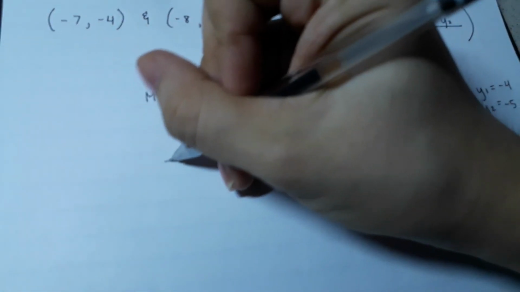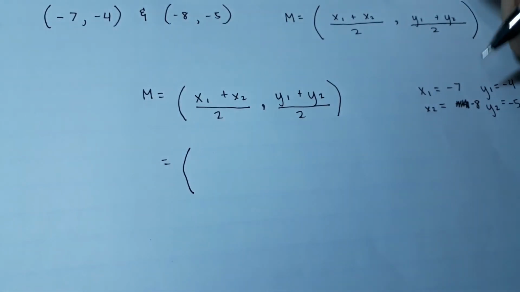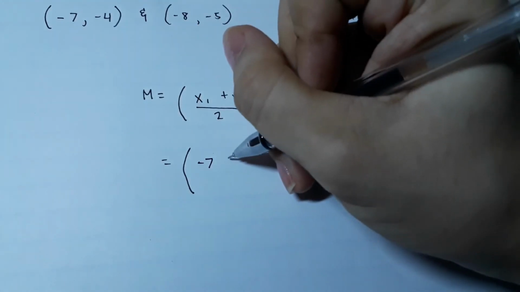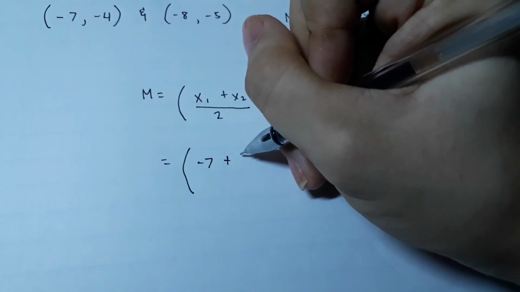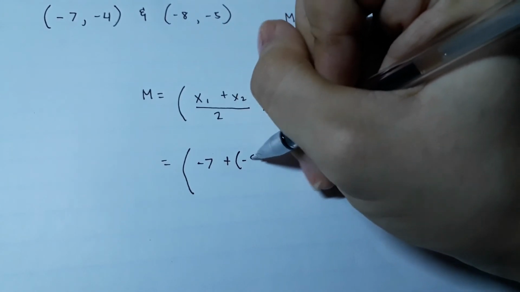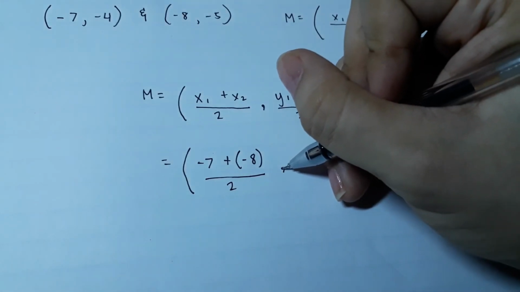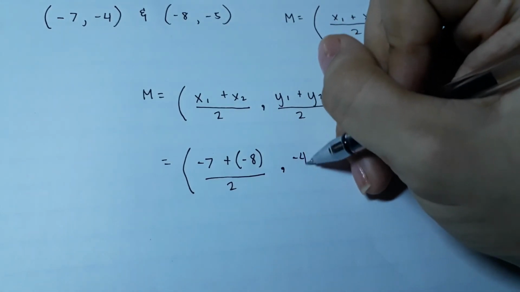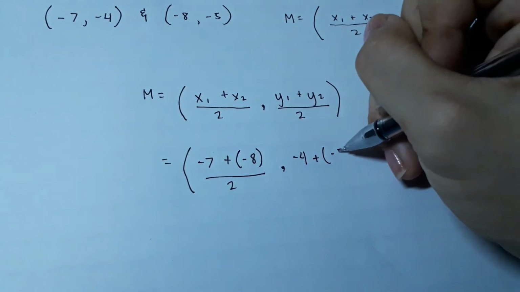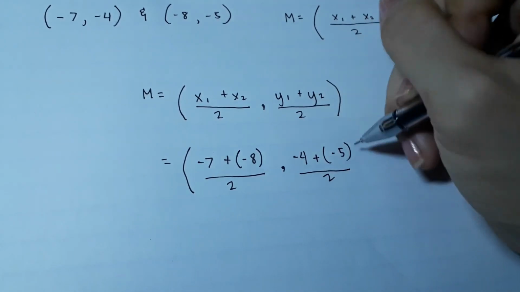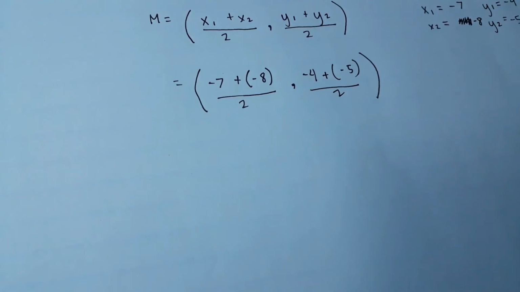And now let's move on to substitute their corresponding values. So x sub 1 is negative 7 plus negative 8 over 2, negative 4 plus negative 5 over 2. So let's proceed.